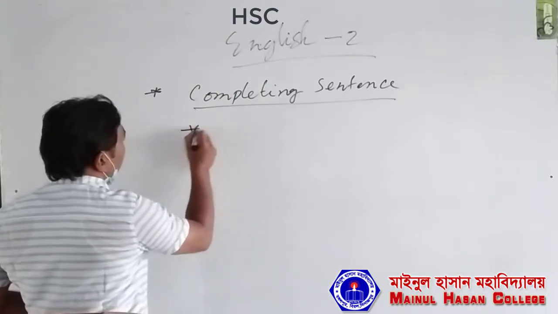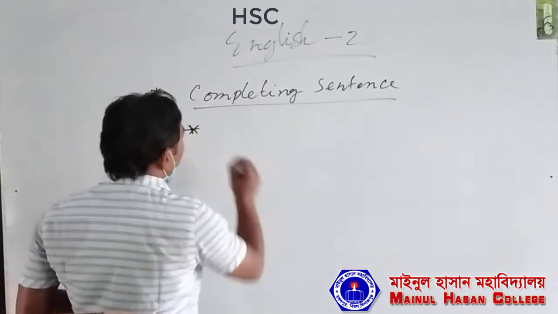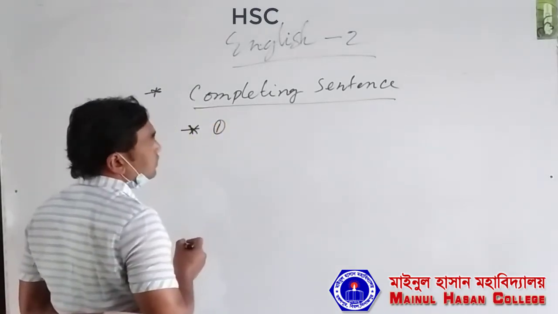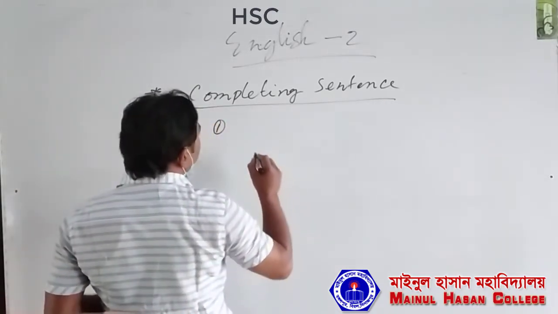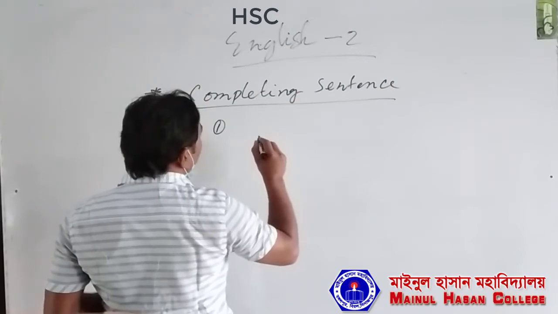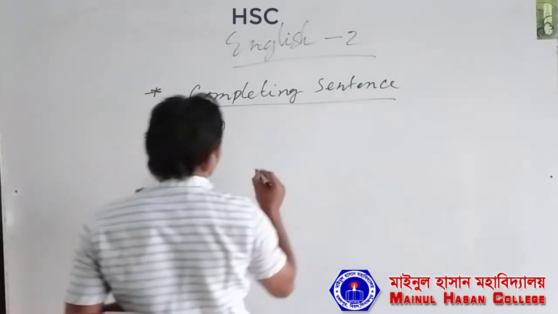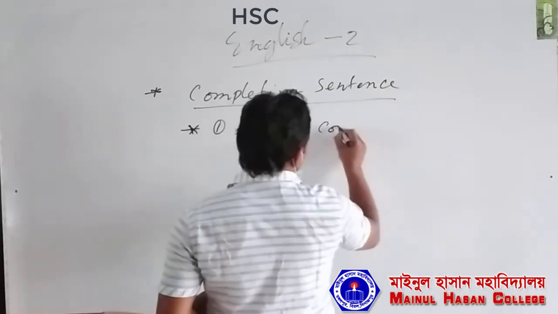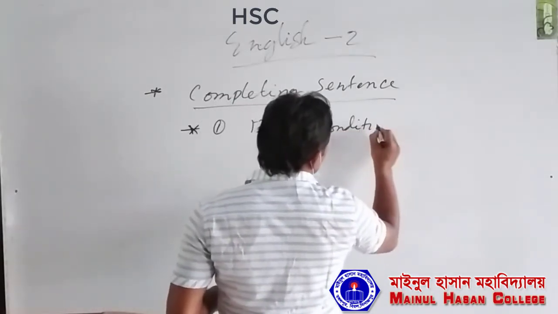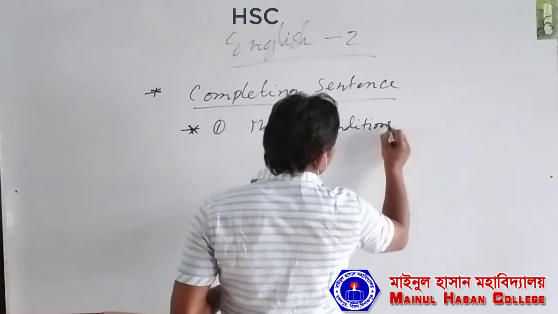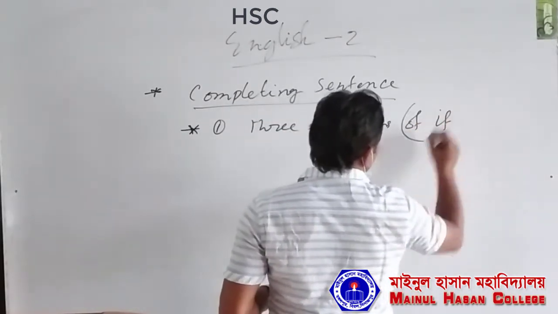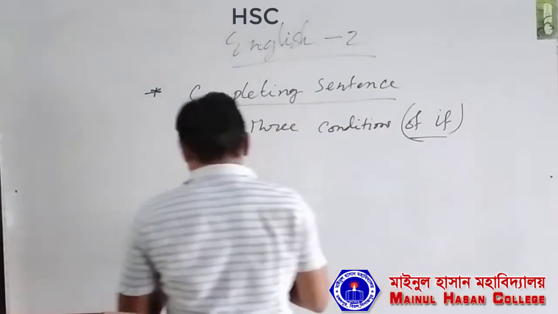And the rules were: first, you have to remember the 3 conditions of if. It remains always hidden.